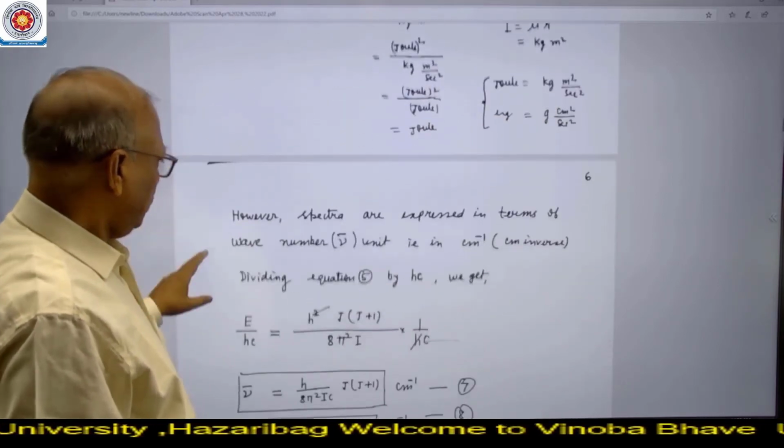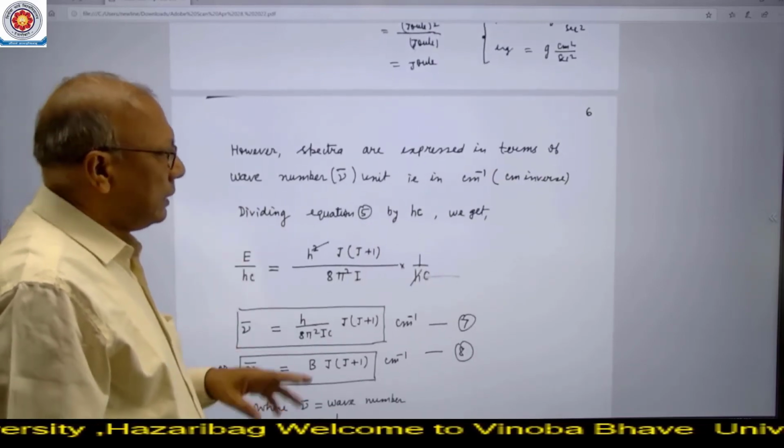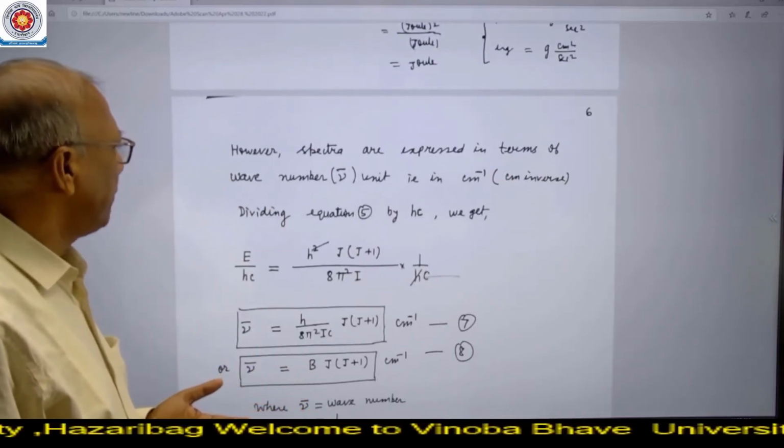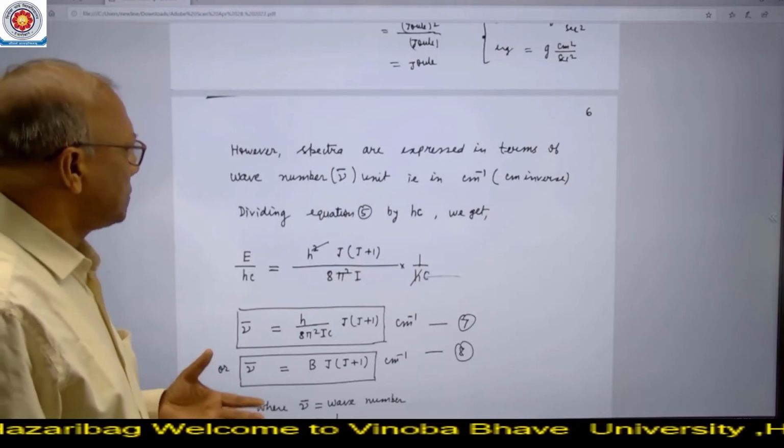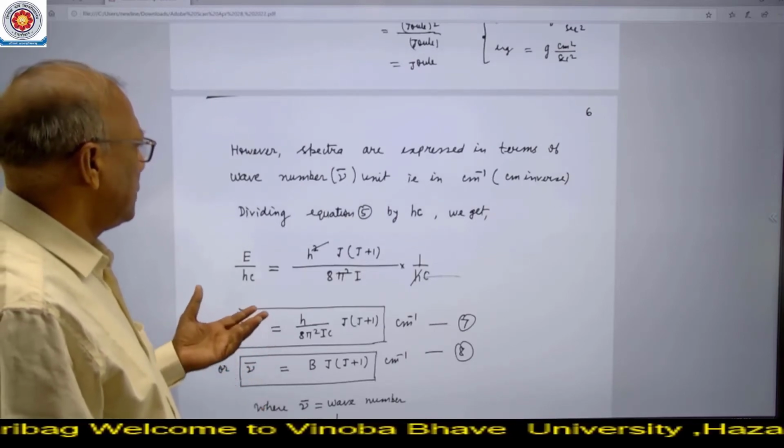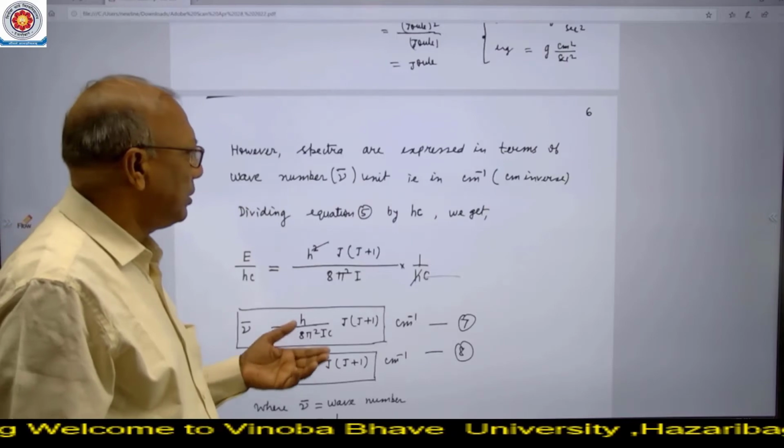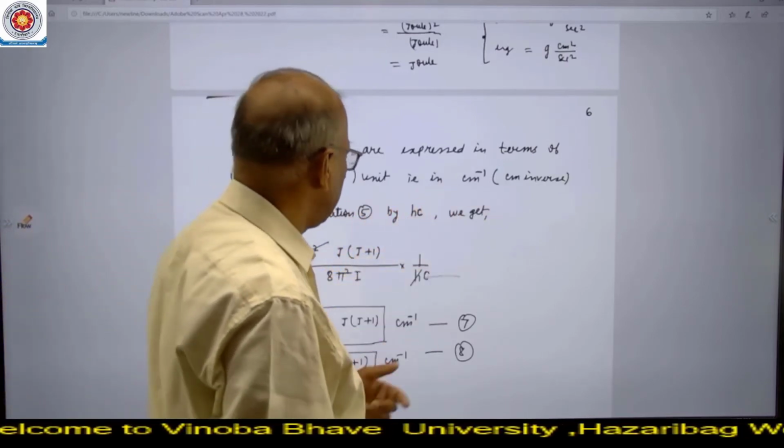Now, in the case of rotational spectroscopy, the spectrum is represented in terms of the wave number in units of per centimeter.